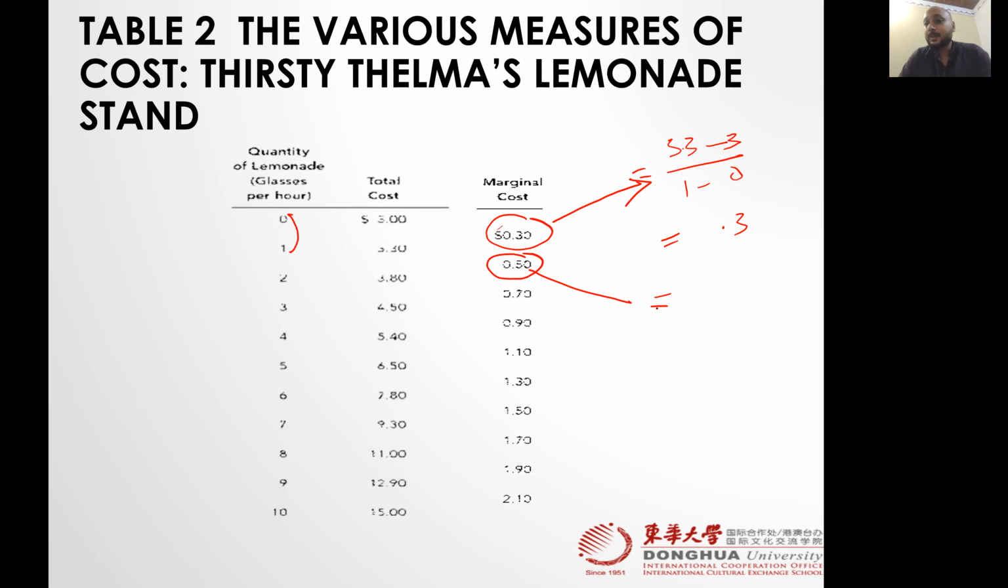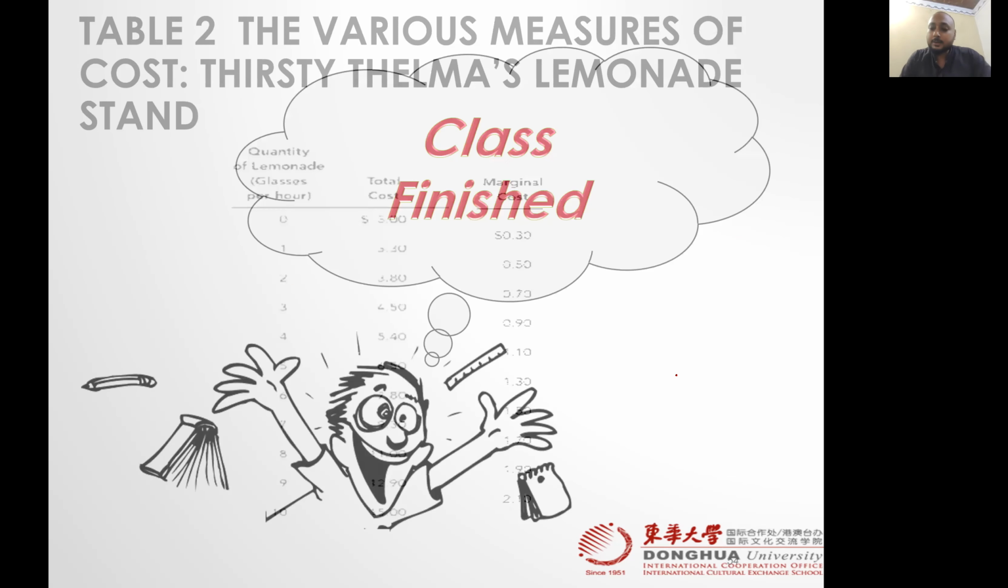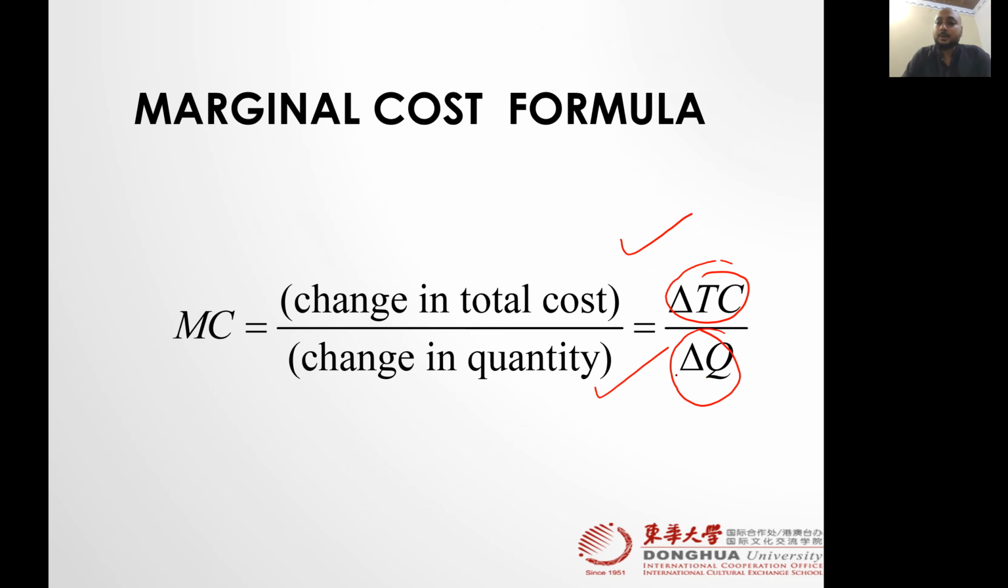Marginal cost, change in total cost: 3.80 minus 3.3, divided by 2 minus 1. Answer is going to be 0.5. All right. So the formula is change in total cost divided by change in quantity.